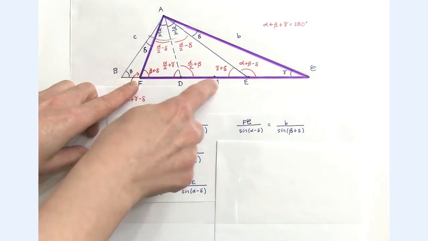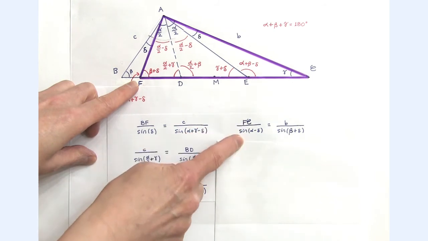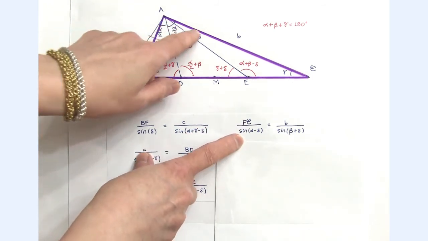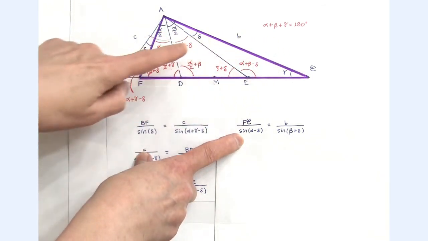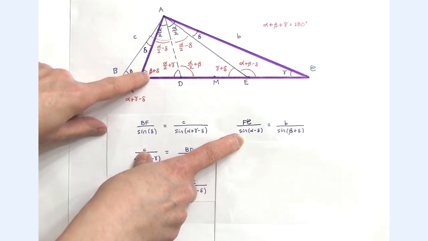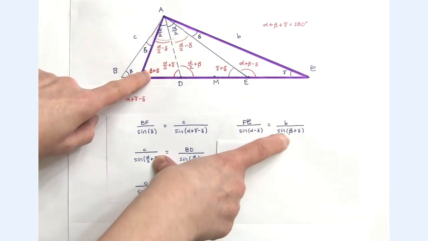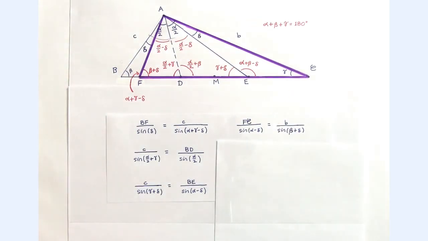So we have FC over the sine of alpha minus delta equals this side over the sine of its opposite angle, which is beta plus delta. So we have B over the sine of beta plus delta, like this.